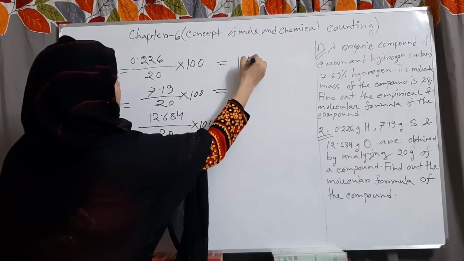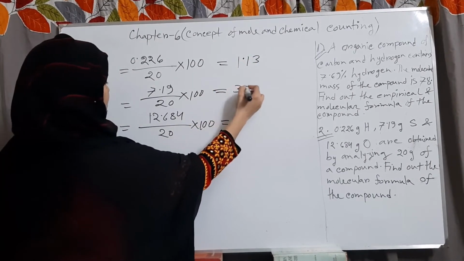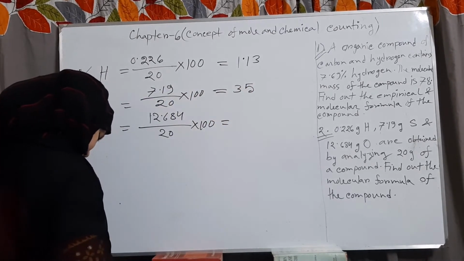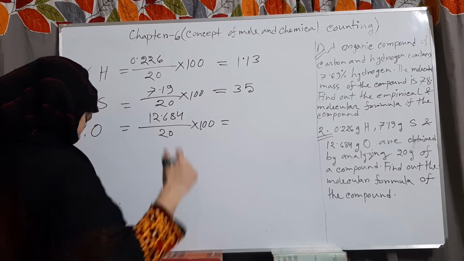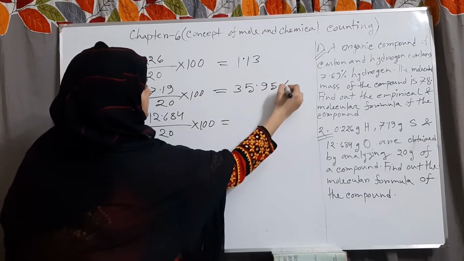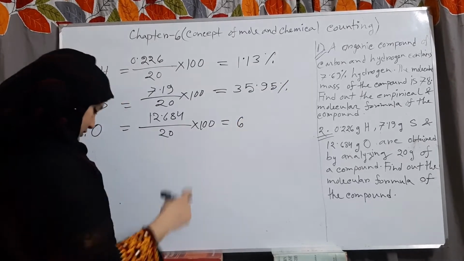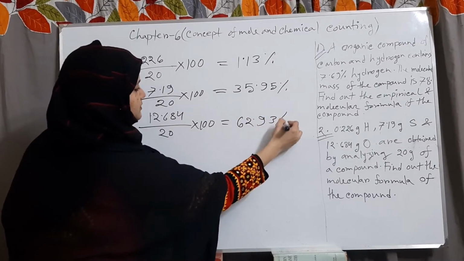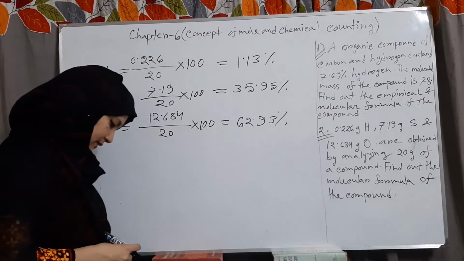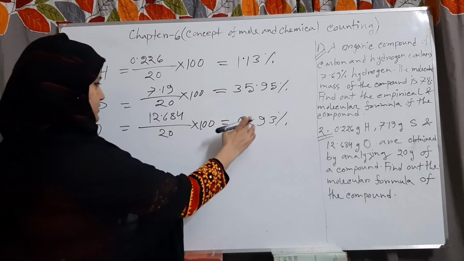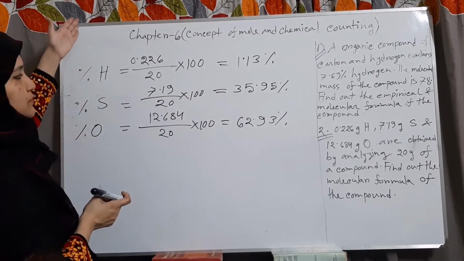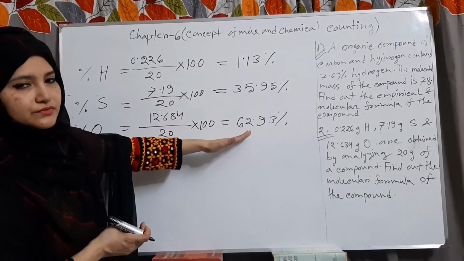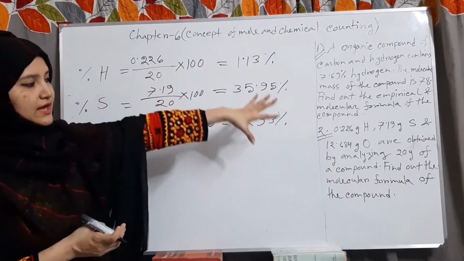So hydrogen is 1.13 percent, sulfur is 35.95 percent, and oxygen is 62.93 percent. Now we get the percentage of each element which is present in that compound.